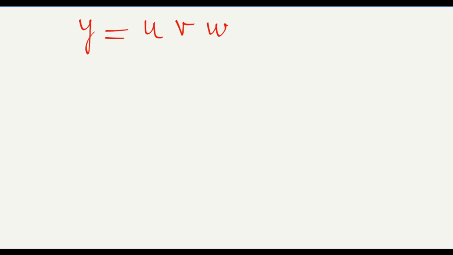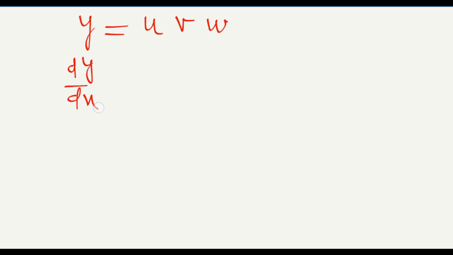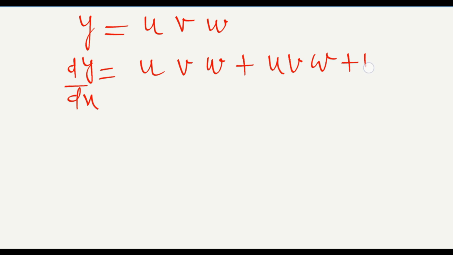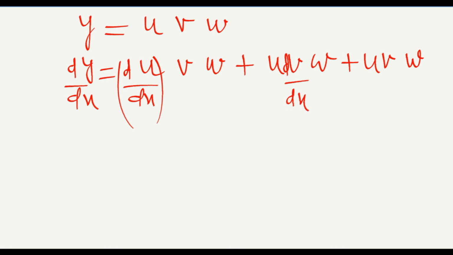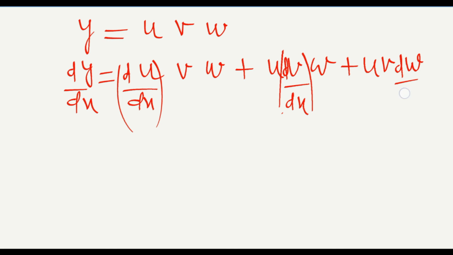For the differential, you write dy by dx, and because these are 3 variables, you write 3 times uvw plus uvw plus uvw, and then you put the derivative over the first function, leaving the other two, then you put the derivative of the second function leaving the other two, and then you put the derivative of the third function leaving the rest of the two functions.